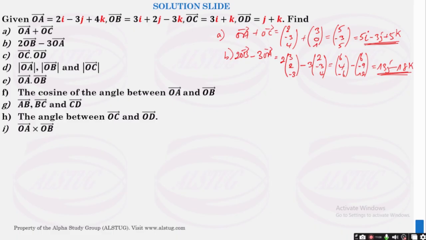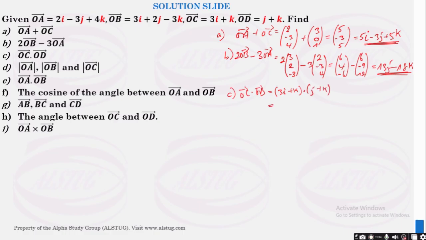Move on to the third one, question C. We have OC dot OD. Now OC is 3i plus k dot OD, which is j plus k.